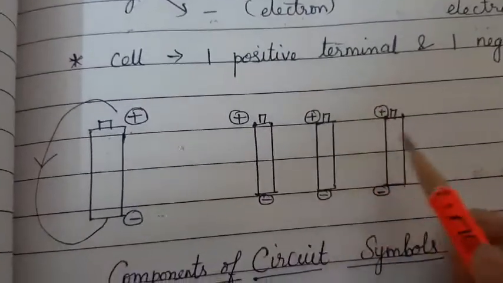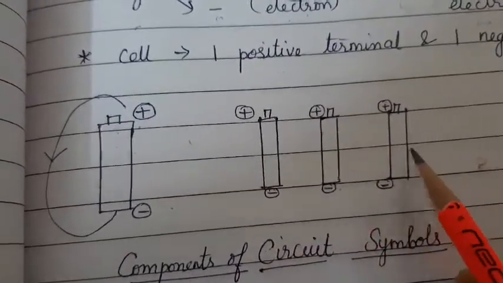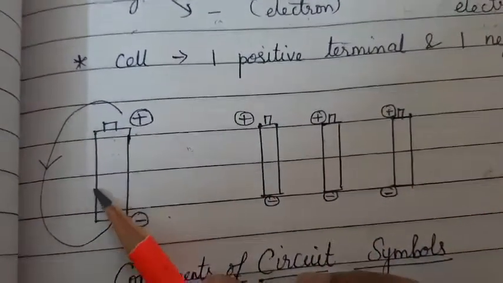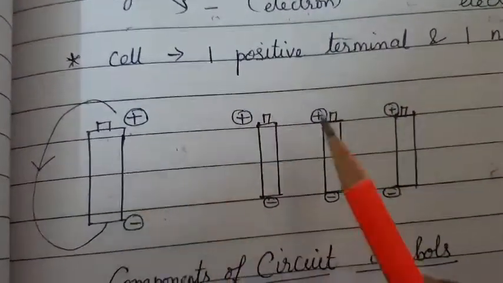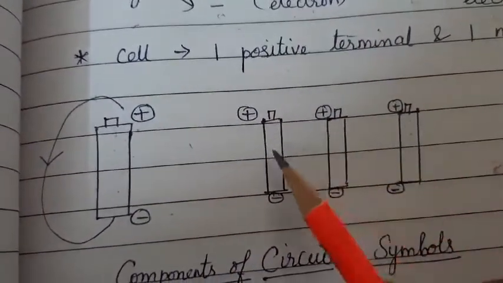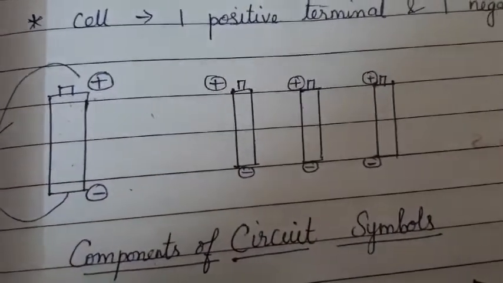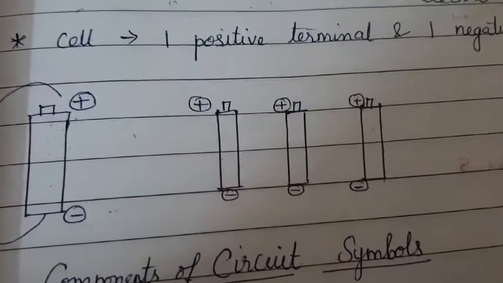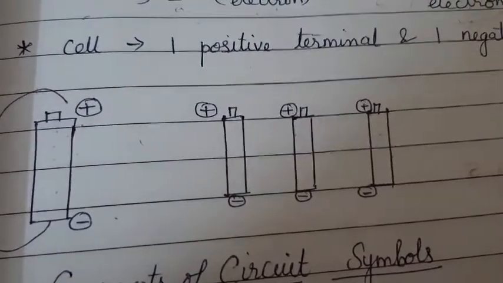Look at this. I have displayed three different cells. A cell can be a Duracell or an everyday cell. I have to connect these three different cells in a remote so that it gets operated.